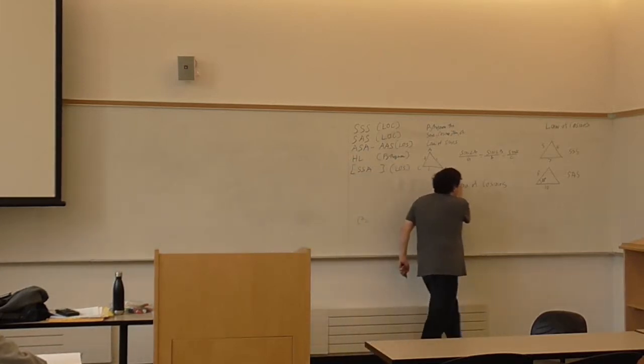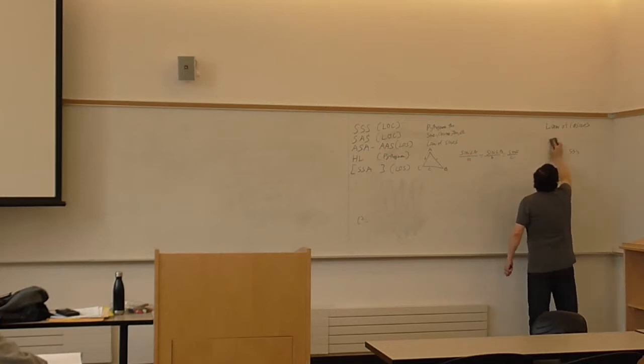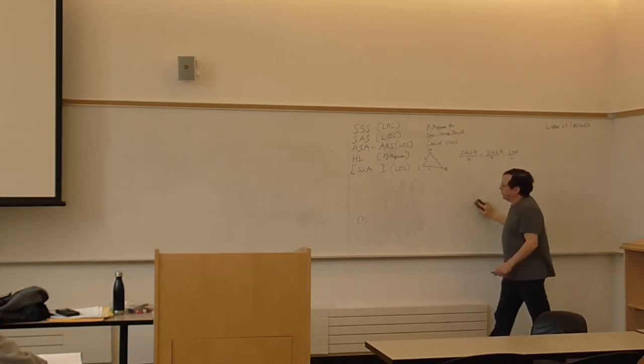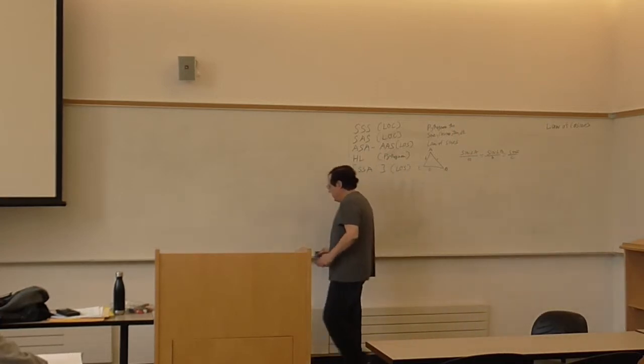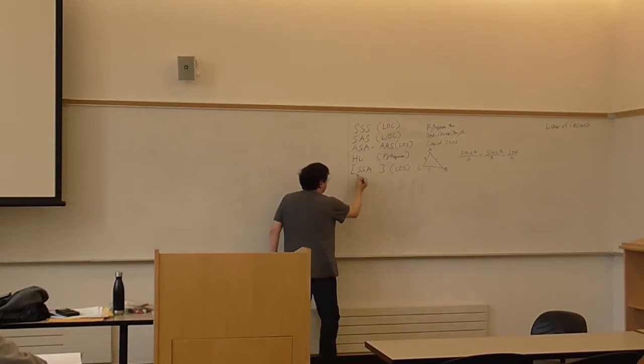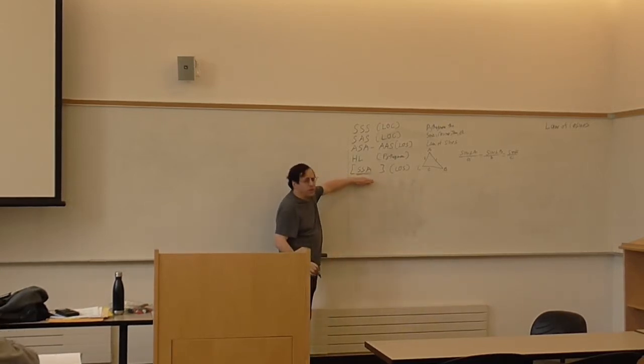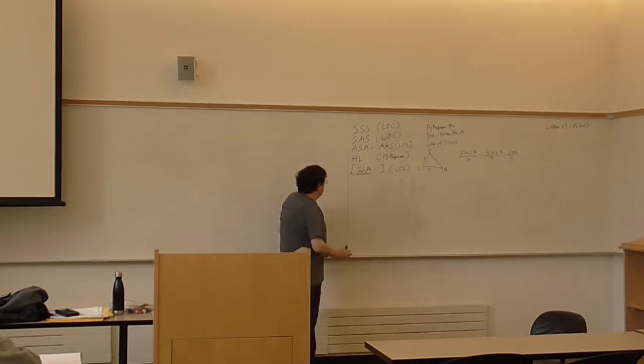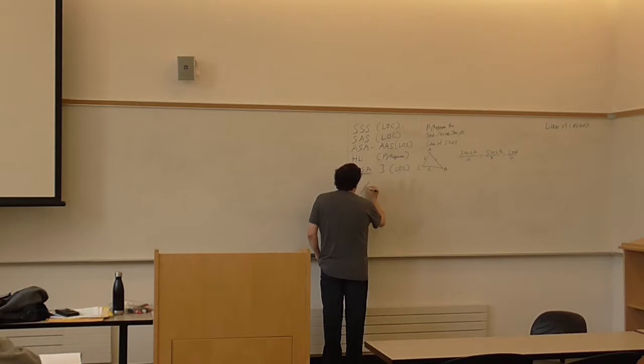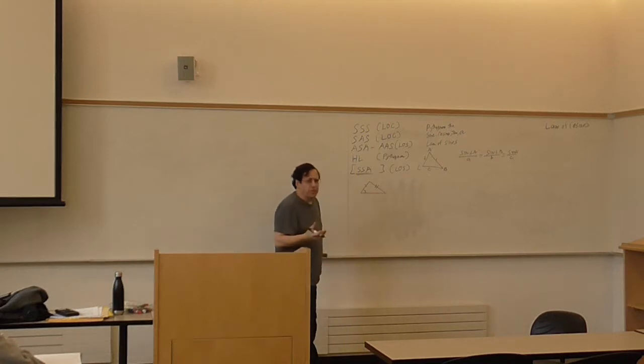I want to remind you about this SSA situation here. Recall, this is not a congruence, so there's no guarantee about what you get here, but there are things we can do. You'll recall that if you have an angle and two sides, there are a few different possibilities.